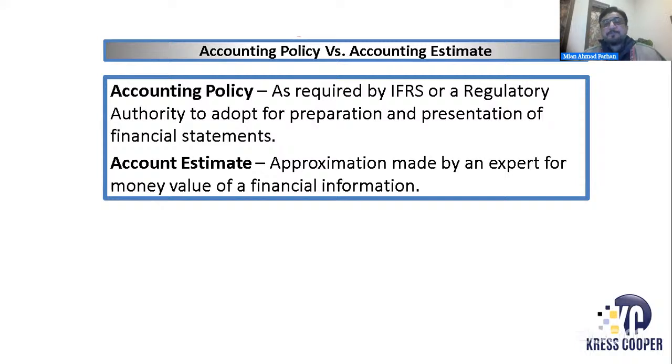For example, to depreciate property, plant, and equipment is an accounting policy. This policy is imposed by, I'm using a strong word, you can say advised by the accounting standard, and we follow it: all property, plant, and equipment, except obviously land, or which meet certain criteria, are subject to depreciation and must be depreciated.